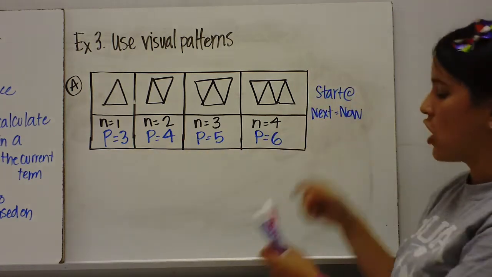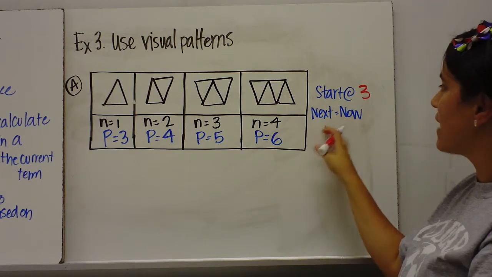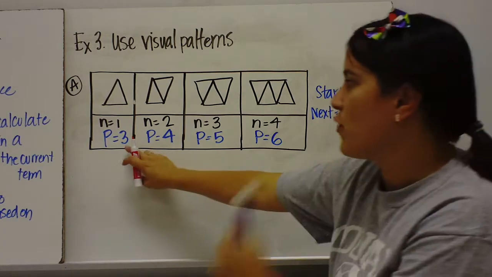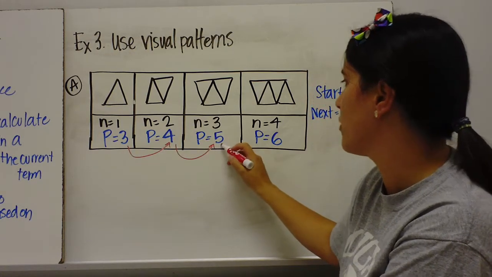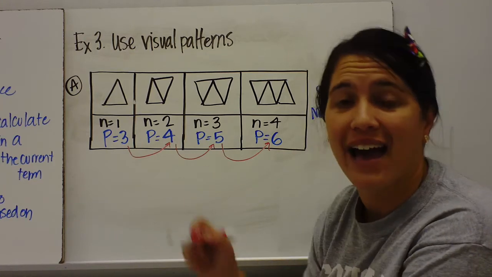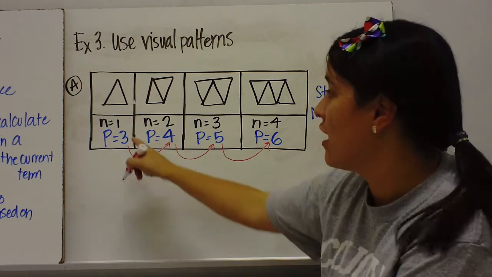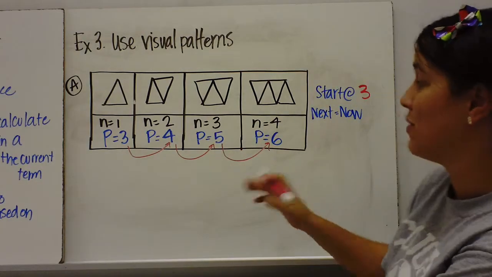So over here, start at 3. Next equals now. So from perimeter 3 to perimeter 4, perimeter 4 to perimeter 5, and perimeter 5 to perimeter 6. What is the pattern that's happening to each? 3 to 4, 4 to 5, 5 to 6, and hopefully in your brain you're thinking plus 1.